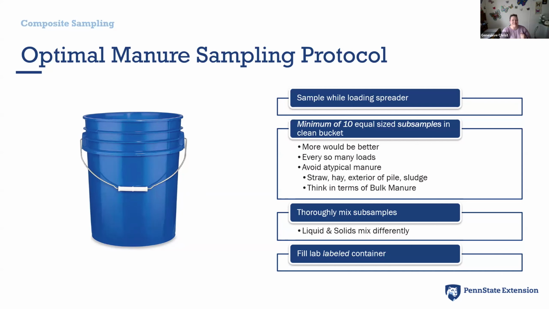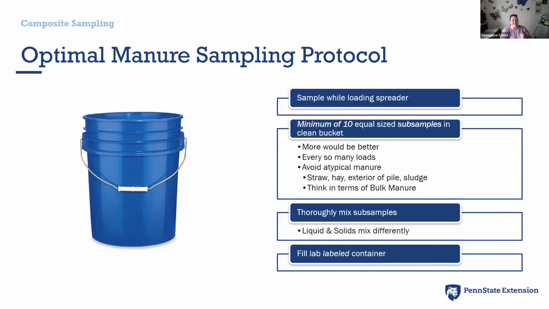You're going to want to collect at least 10 equal-sized subsamples, and you're going to put them in a clean bucket. Clean bucket is very key here. We want to make sure our buckets are clean, not just to make sure our sample is clean, but also for biosecurity purposes. We don't want to be taking dirty manure buckets to various farms.